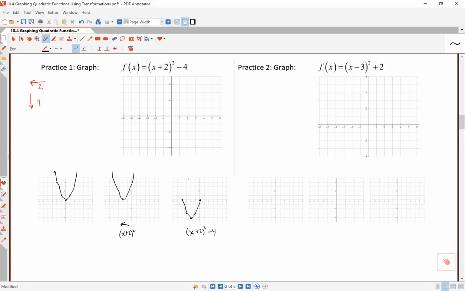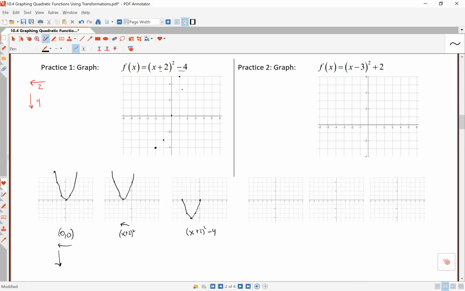And the main thing to keep in mind is that the original graph starts off at 0, 0. And if you move that left 2 and down 4, you moved that to -2, -4. Take that number, -2, -4. And now the graph opens up. Over 1, up 1. Over 2, up 4. Over 3, up 9.